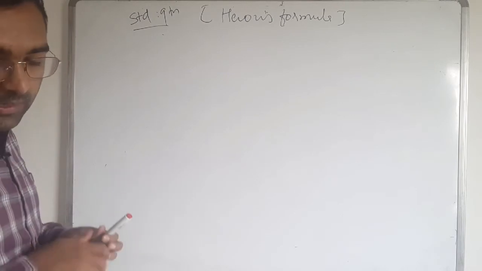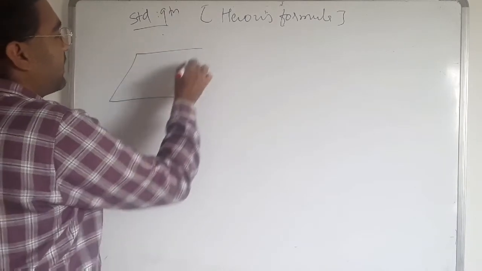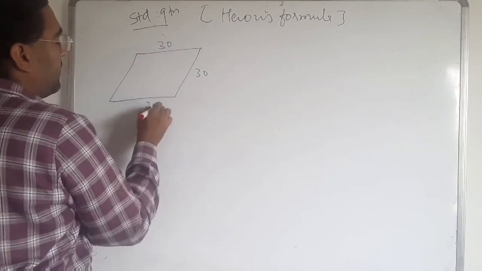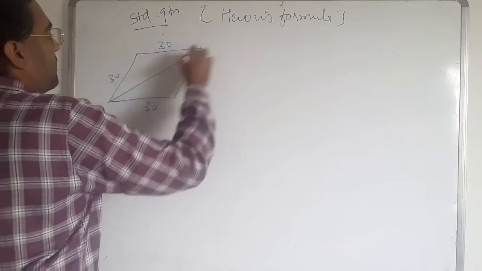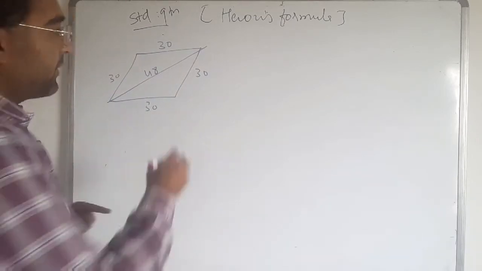It is a rhombus shape and one of the diagonals is 48. All sides are given as 30, 30, 30 and 30, and one of the diagonals is given as 48 meters.